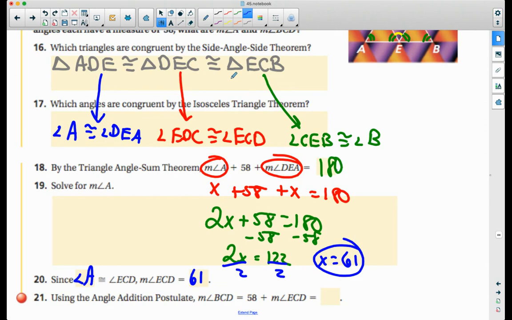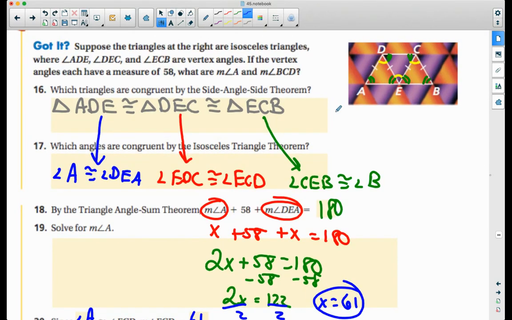Now it says to find the measure of angle BCD. That's this angle. So what I need to do is add this angle plus this angle, and that's going to give you the whole thing.